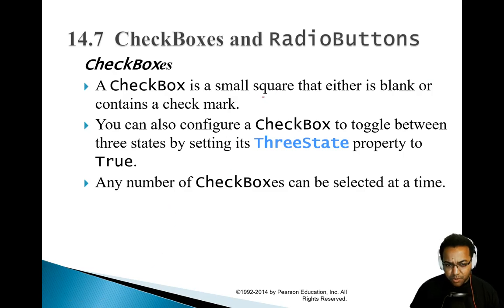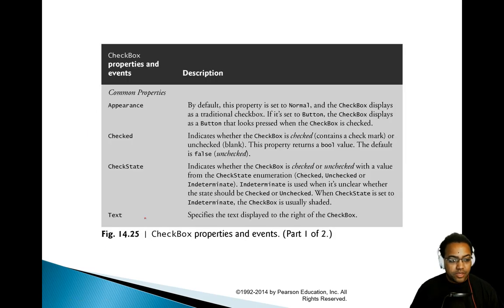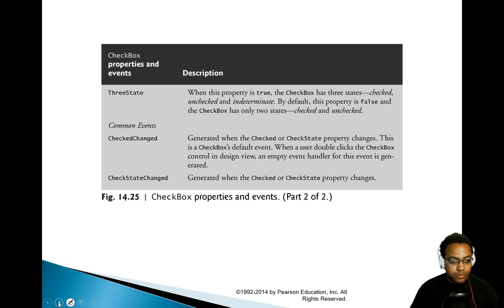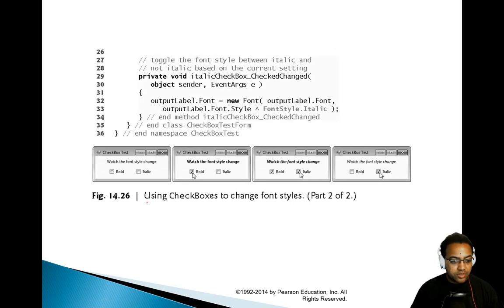A checkbox is a small square that either is blank or contains a check mark. You can also configure a checkbox to toggle between 3 states by setting its 3-state property to true. Any number of checkboxes can be selected at any time. And, for the most part, checkboxes look like this. You've seen them before.